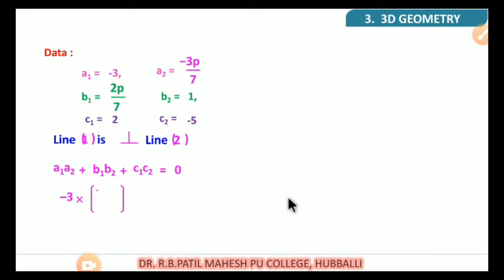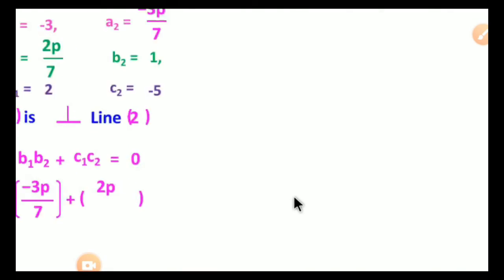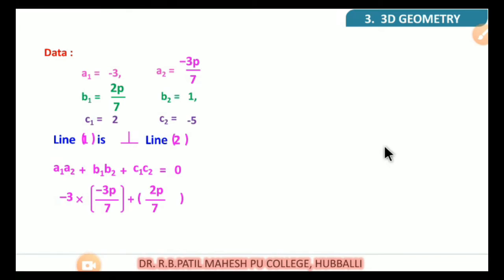Minus 3 into minus 3p by 7 plus 2p by 7 into 1 plus 2 into minus 5 is equal to 0. We have to write it equal to 0 because it is the condition.